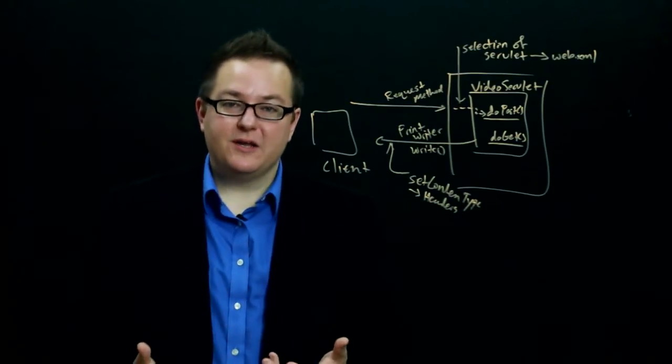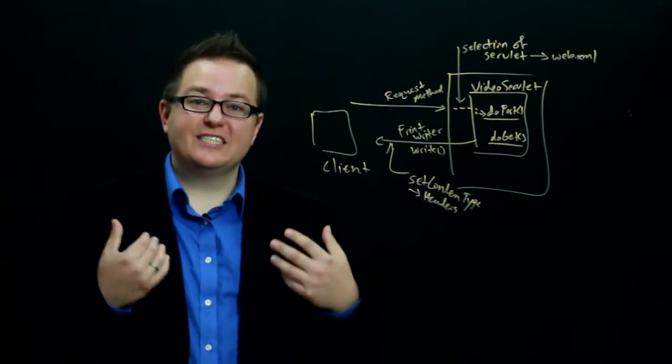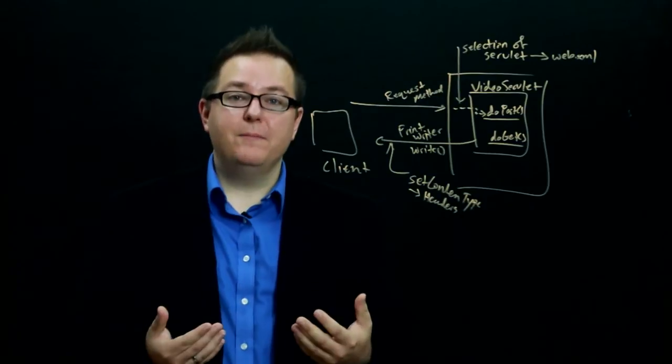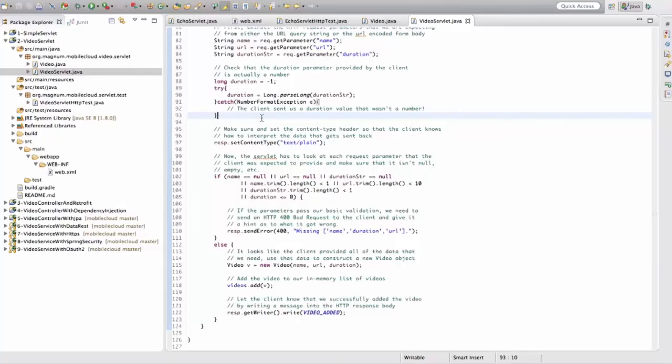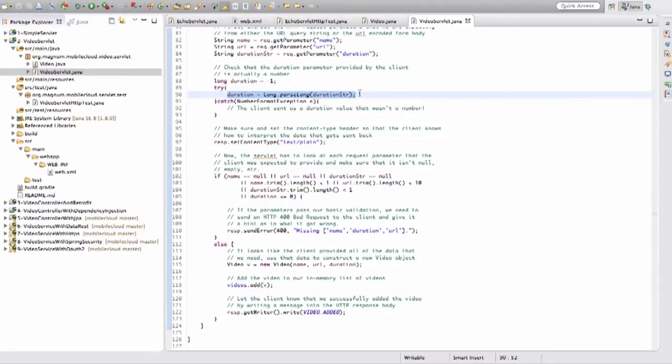We were just echoing it back. In this example, we expect one of the parameters to be a number. So we have to validate that we're actually getting a number back that is a Java long. The first thing we do here is create a Java long to store the value, and then we try to parse a long out of the string that the client sent to us.